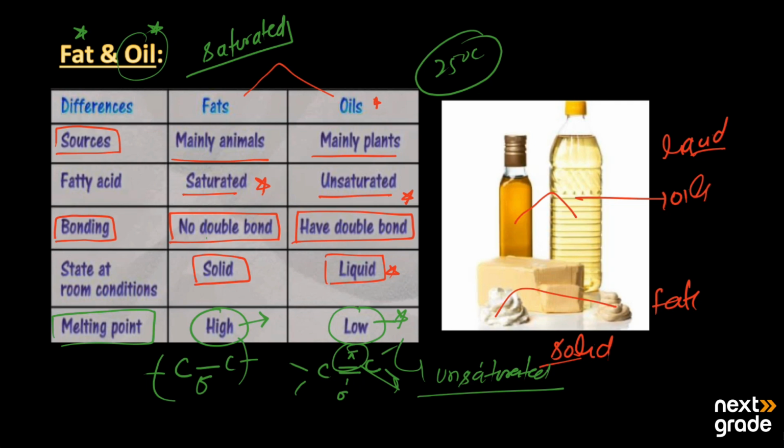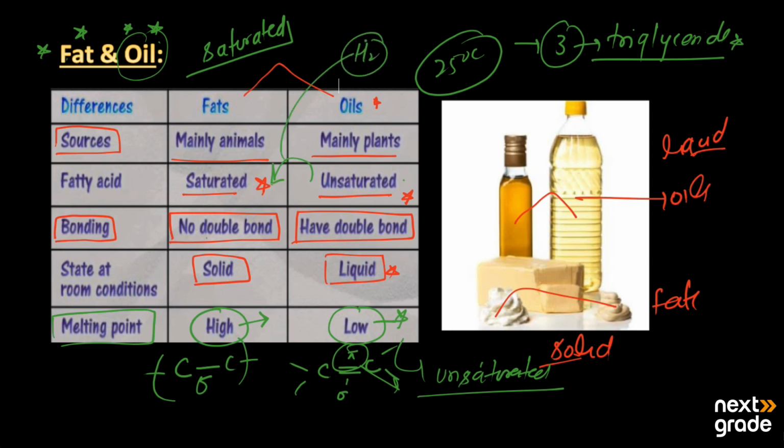All the esters that make up the lipids must combine three in number, so that's why their structure is known as triglycerides. All these triglycerides have different structures depending upon the type of lipid, whether it is a fat or an oil. We can also convert oil into fat, as oils are unsaturated, and we can convert them into saturated by the addition of hydrogen, which process is known as hydrogenation.